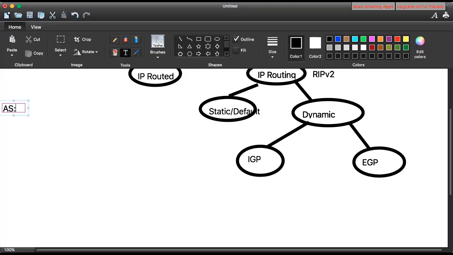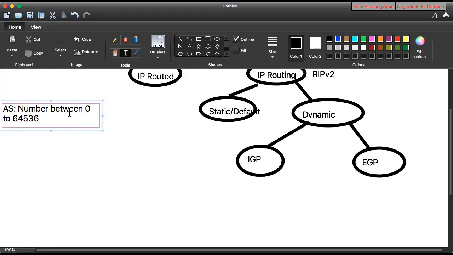It's nothing but a number between 0 to 64,536, I guess. And this represents a domain. So one AS number represents a domain.